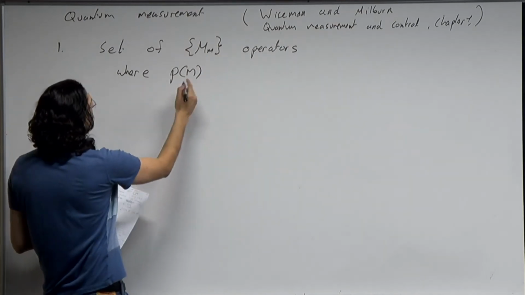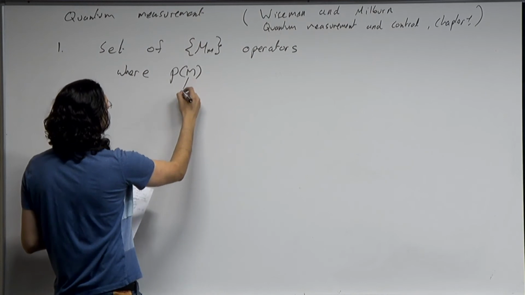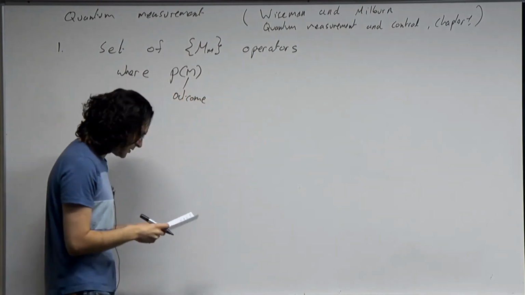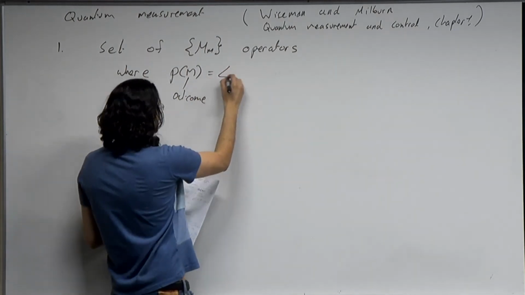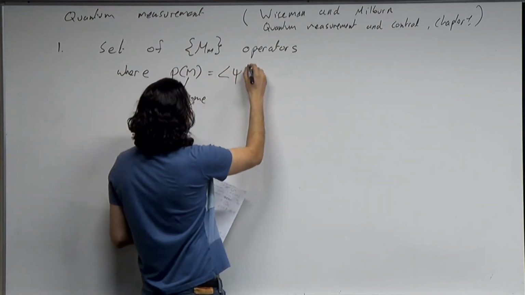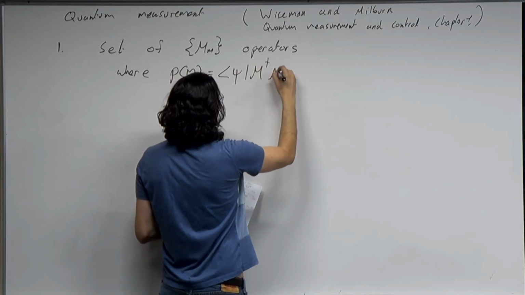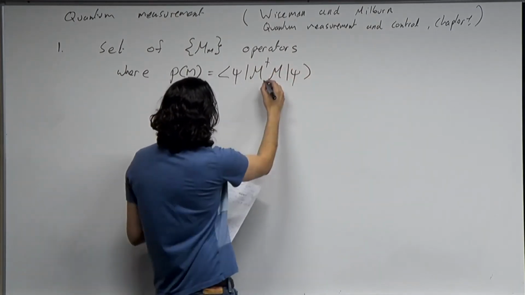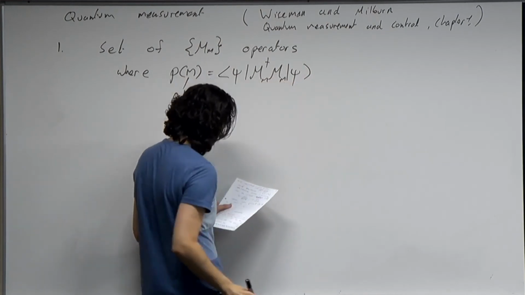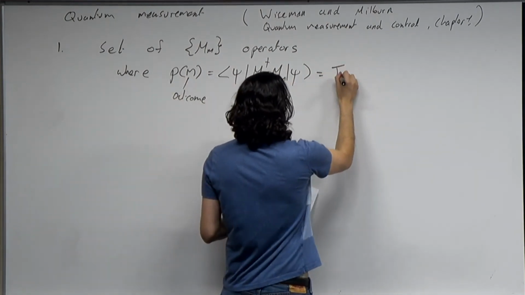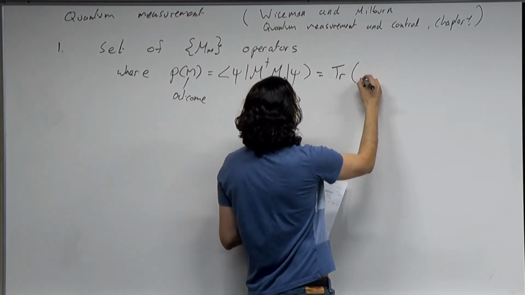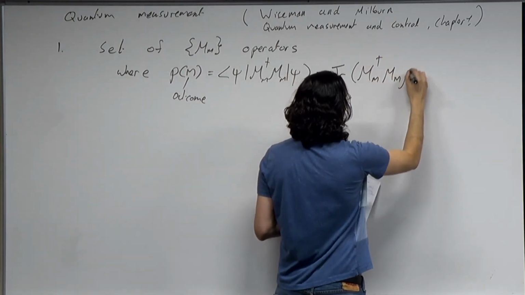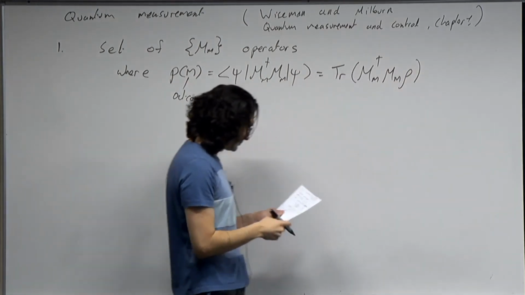Okay, so the probability to get some outcome, it can be a number or whatever, is just psi M dagger M psi. Or in density matrix form, trace of M dagger M rho.